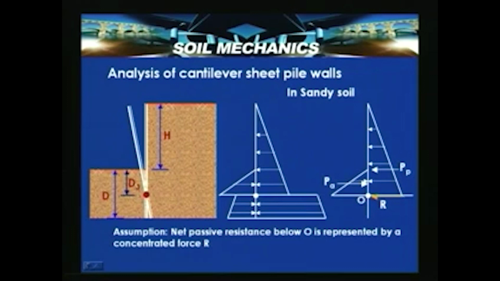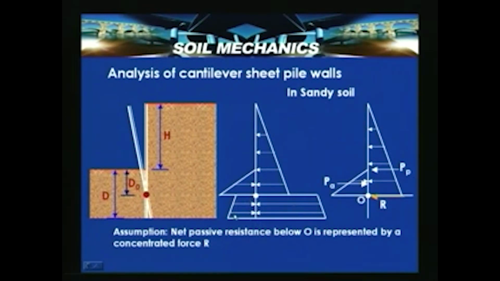H is the retaining height, and let us assume that the wall is rotated about a point O, which is above its tip and located at D naught, which we will try to find out by using the earth pressure diagram, and D is the embedded depth. As we discussed, the earth pressure diagram will be like this. This is active and this is passive.